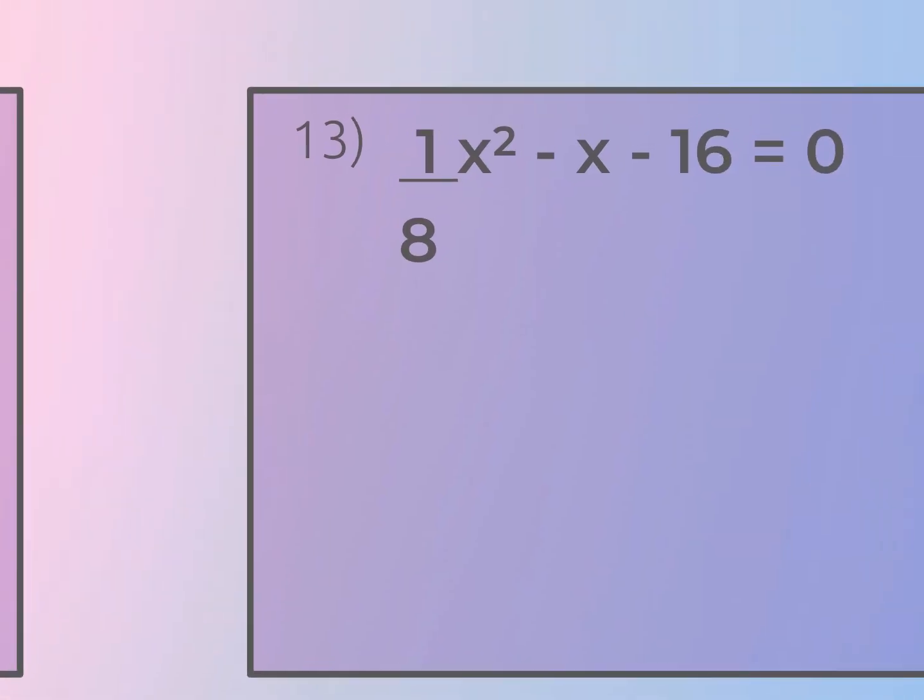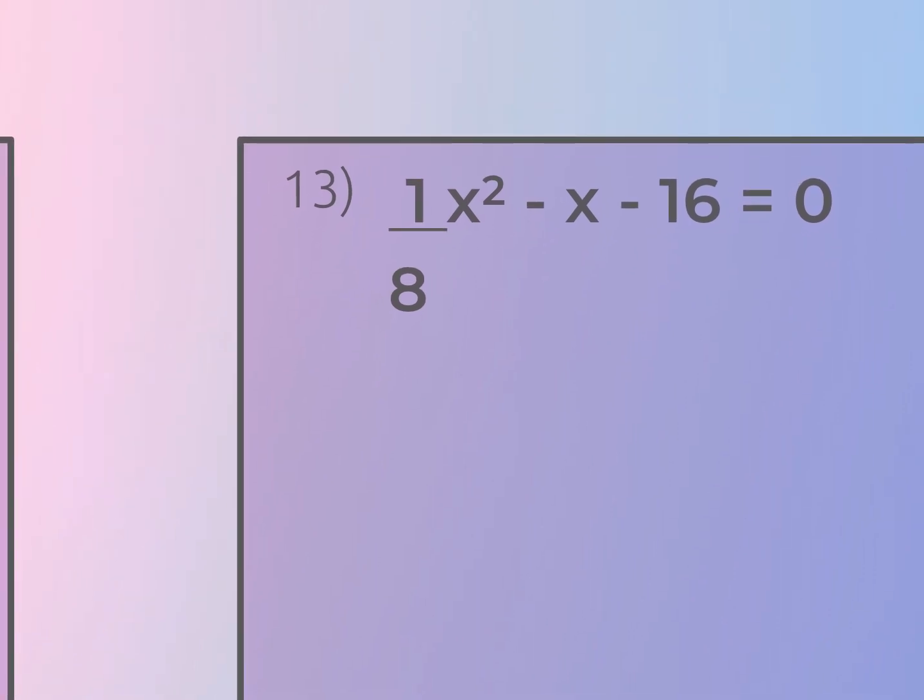Now, instead of trying to find factors of negative 1/8 and 16, clear the fraction first. So I'm going to multiply my entire equation by positive 8 to clear the fraction. So I'm distributing 8 to all three pieces.